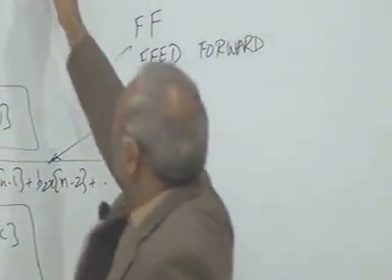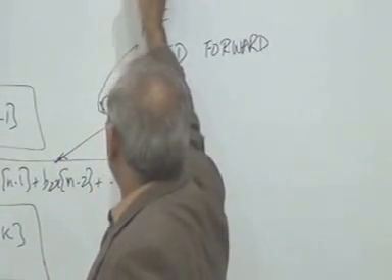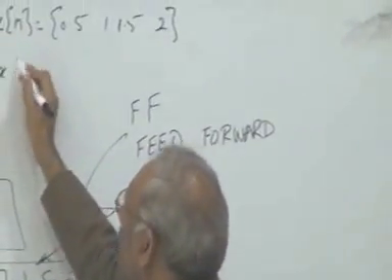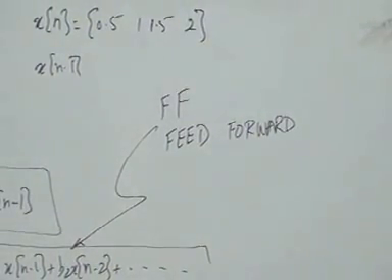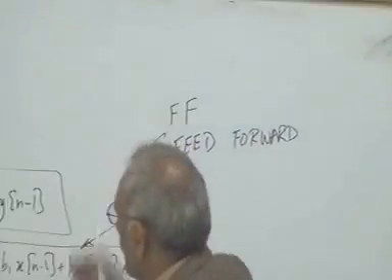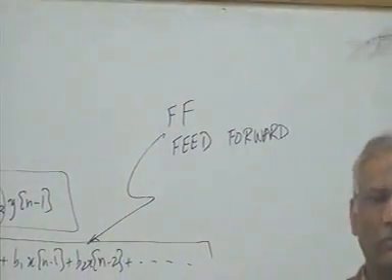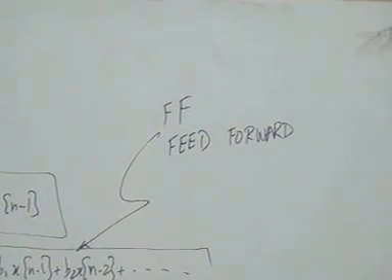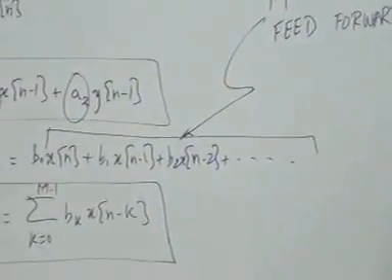Now if x of n is any given signal, then x of n minus 1 is basically a shifted version of that same thing. Remember this. Otherwise we say that x of n is your present input and x of n minus 1 is one previous input. That's what we tend to call it. So all these terms that we have, we call them the feed forward terms.